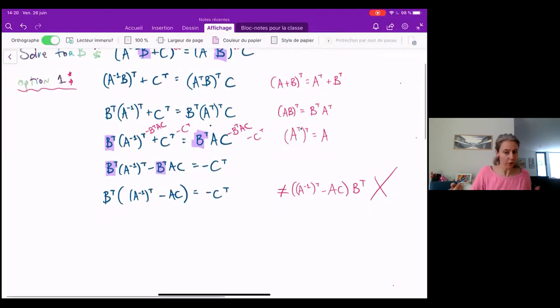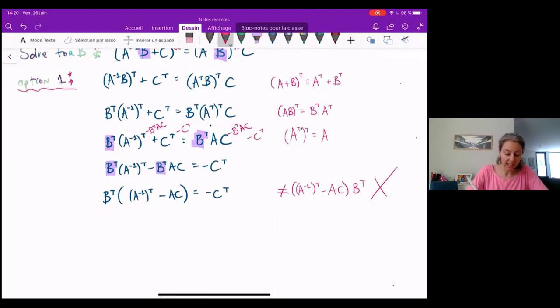Great. Now, still trying to isolate B transpose, it seems like it would be great to be able to divide by (A inverse) transpose minus A C, but we can't divide. So instead, when we feel like we want to divide, we multiply by the inverse. So I'm going to multiply by ((A inverse) transpose minus A C) inverse. And that's going to have to be on the right side of negative C transpose over here, because I can only multiply by inverses of things that are on the edge.